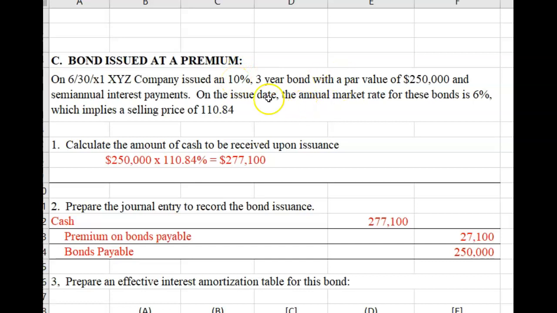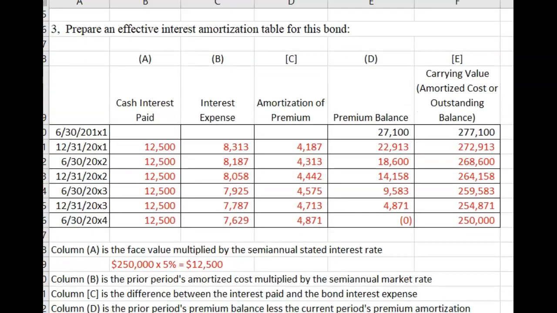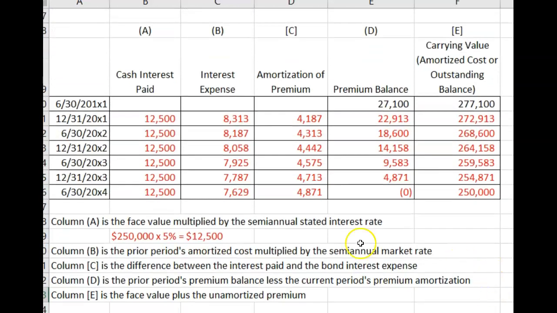While we're here, look at the market interest rate. That's 6% annual market interest rate. So $12,500 is the cash interest payment for the 6 semi-annual payments during the 3-year life of the bond.